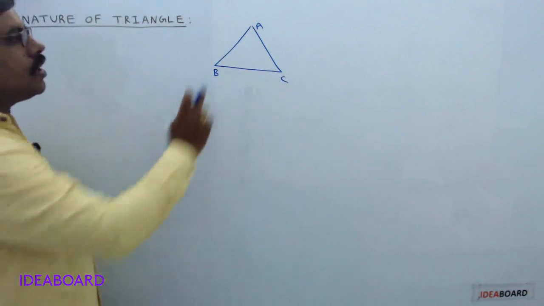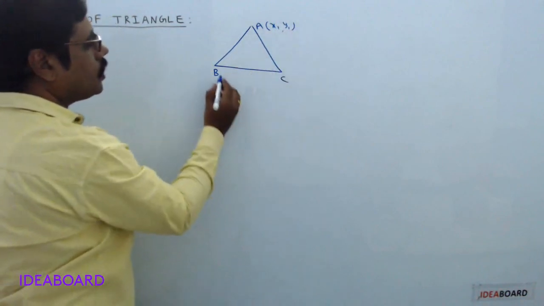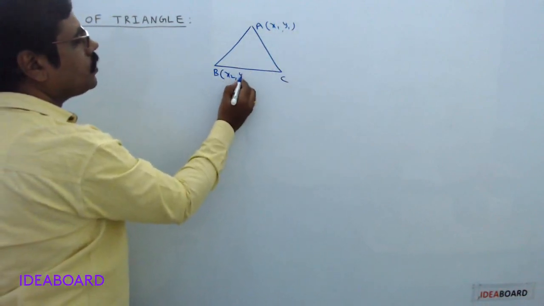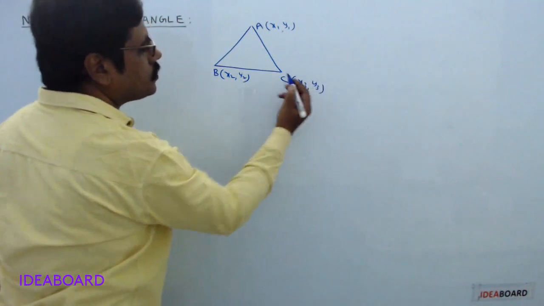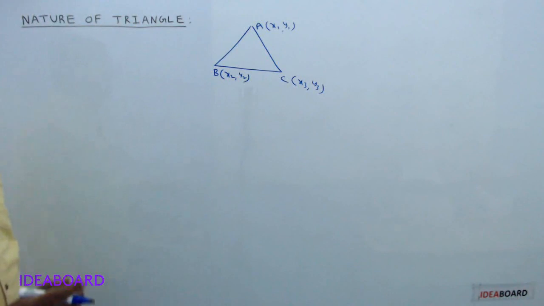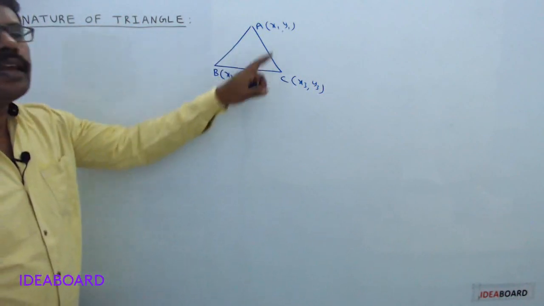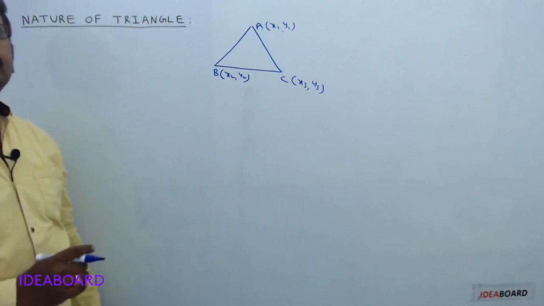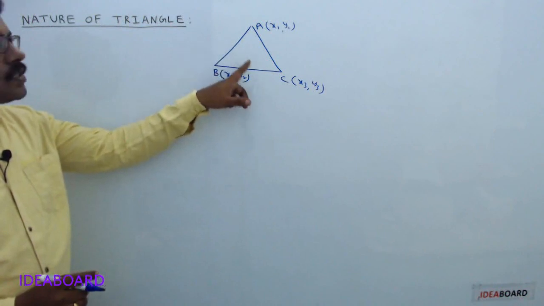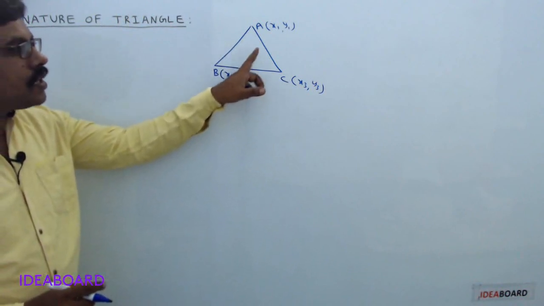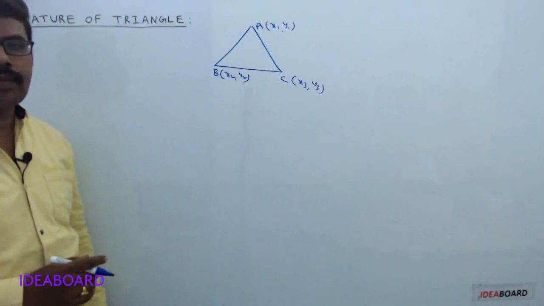Let the coordinates of A be x1, y1, coordinates of B, x2, y2, coordinates of C, x3, y3. First find the lengths of the sides AB, BC and AC by using the distance between 2 points formula.